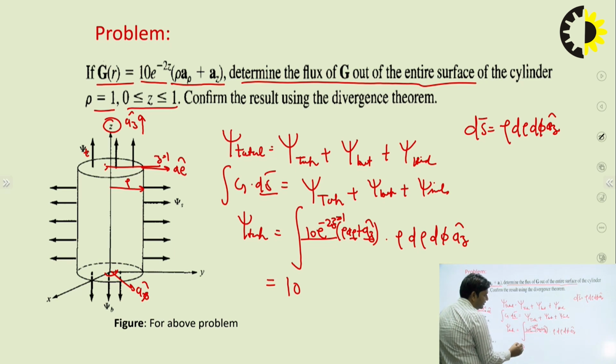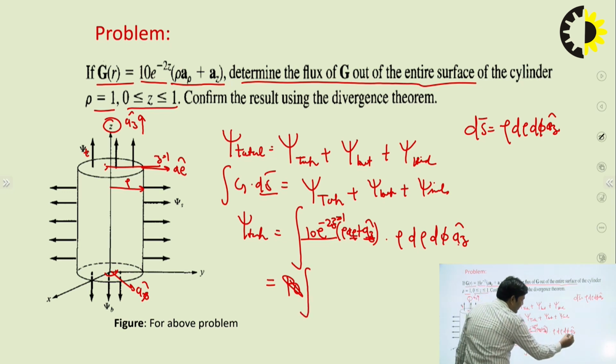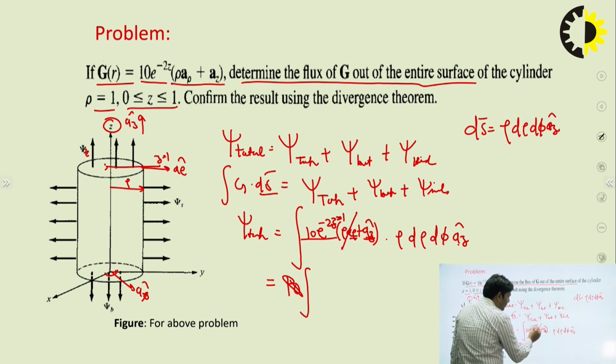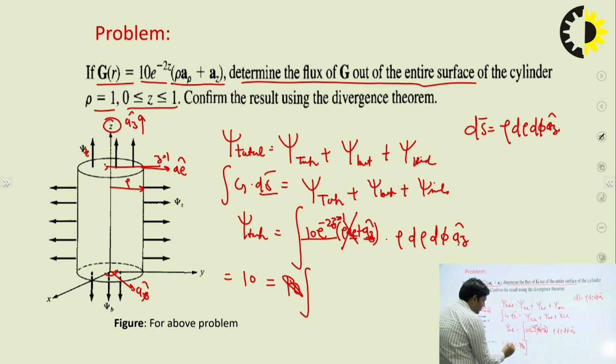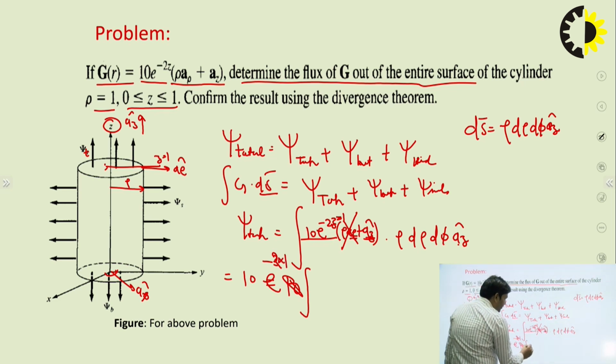Now a rho dot az is equal to 0, so this part is eliminated, and az dot az is equal to 1. So you just put the constant term here, tan e raised to power minus 2, putting z equal to 1, so tan into e raised to power minus 2 into 1. This is a constant term, and this one is rho d phi. This is a double integral.